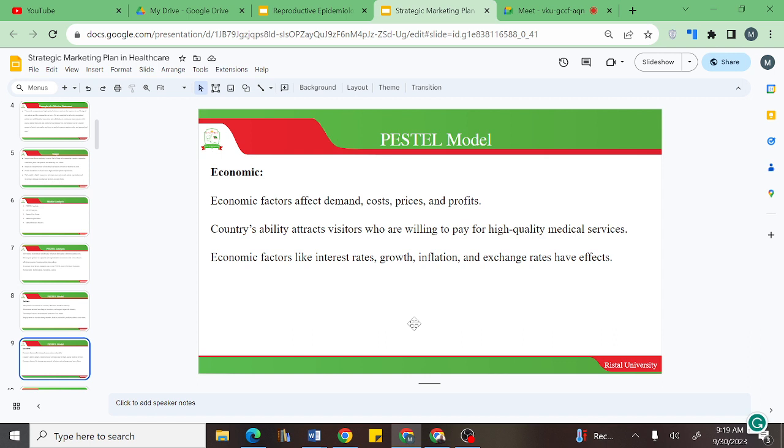Okay, so now what is the purchasing power? Okay, purchasing power of the what? Of the customers. Okay, so that is very, very important.